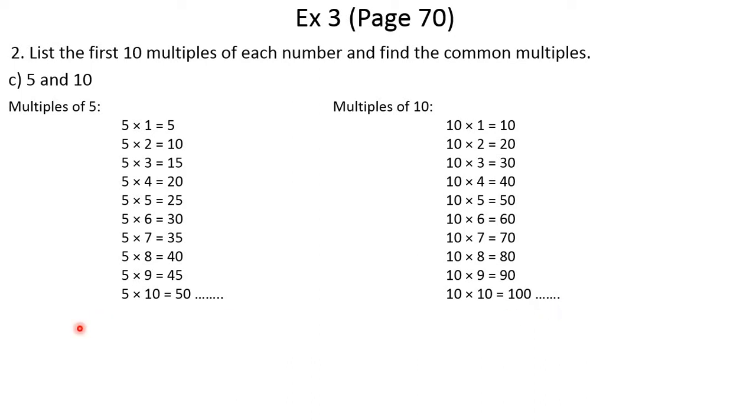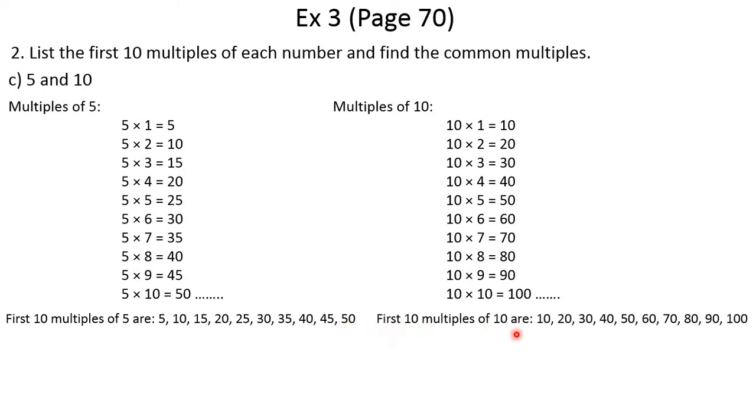So you may write the first 10 multiples of 5 are 5, 10, 15, 20, 25, 30, 35, 40, 45, 50. And the first 10 multiples of 10 are 10, 20, 30, 40, 50, 60, 70, 80, 90 and 100.